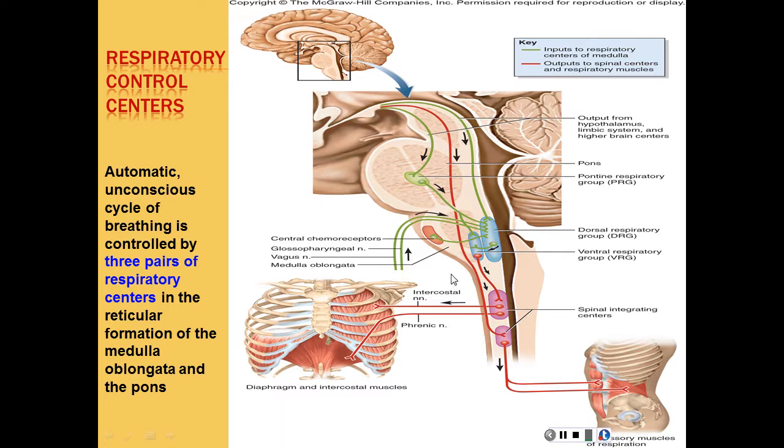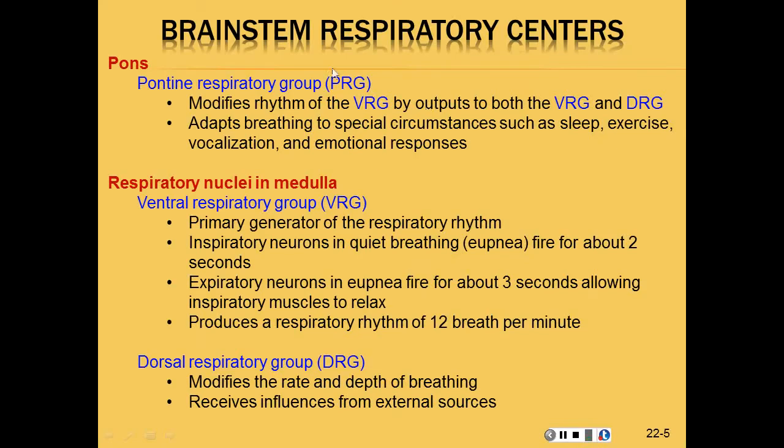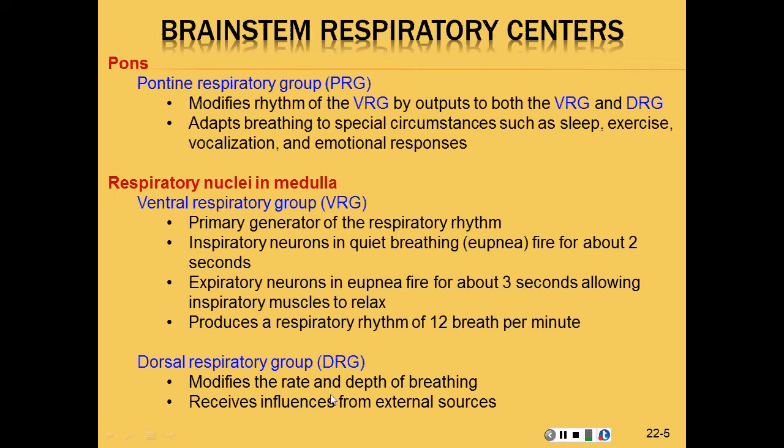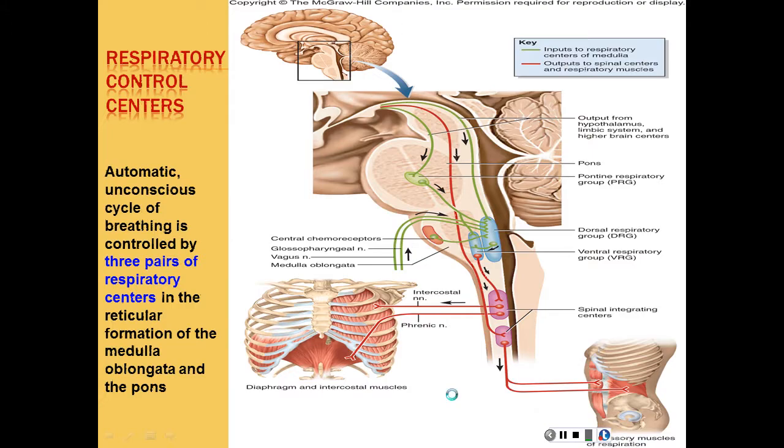Okay, so let's look at the first one, which is our VRG. Now I'm going to move the slide. This is where all the information is concerning the three types, but I just want to stick on the diagram so you can actually see what I'm talking about. So let's look at the very first one, our VRG.